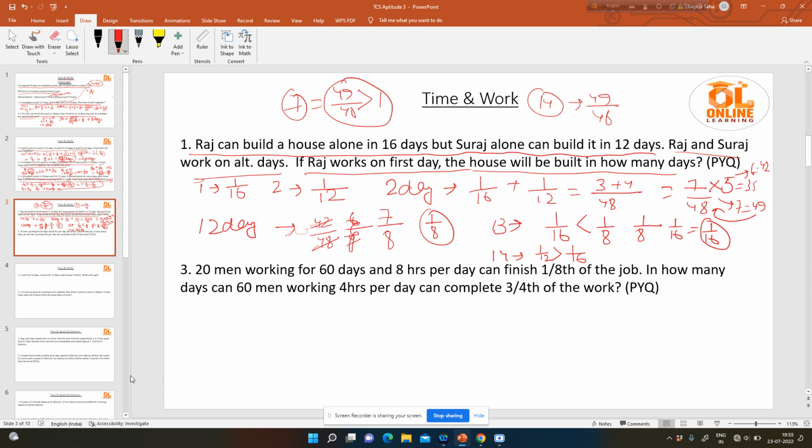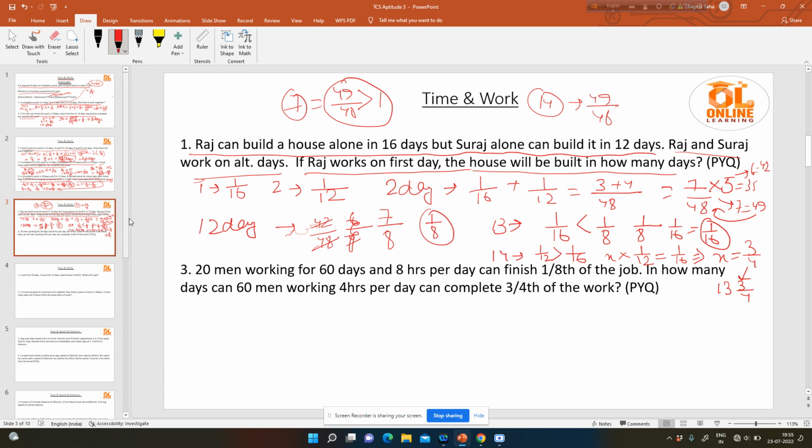So how much part of 1 by 12 is 1 by 16? We take x into 1 by 12 is equal to 1 by 16. If we solve this, we will get x is equal to 3 by 4. So the total work will be completed in 13 3 by 4 days.